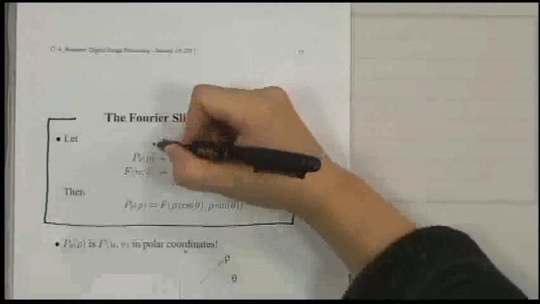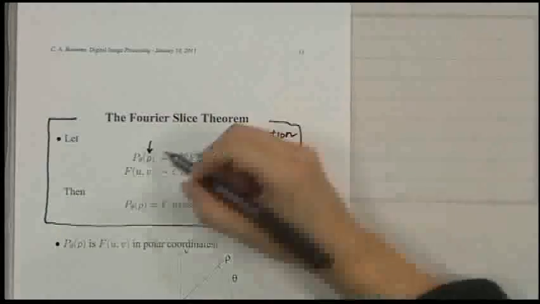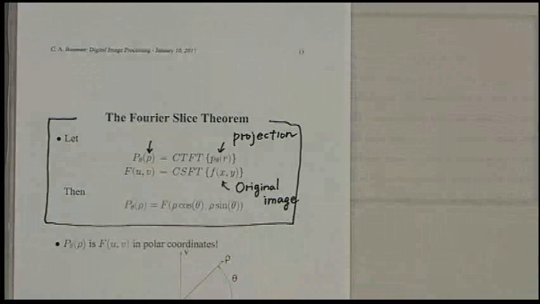By the way, the term rho here is just a frequency variable. It's very common to use small f for this, but in this material f is already used to denote the original image, so to avoid confusion they use rho instead of f. So this is the frequency variable.